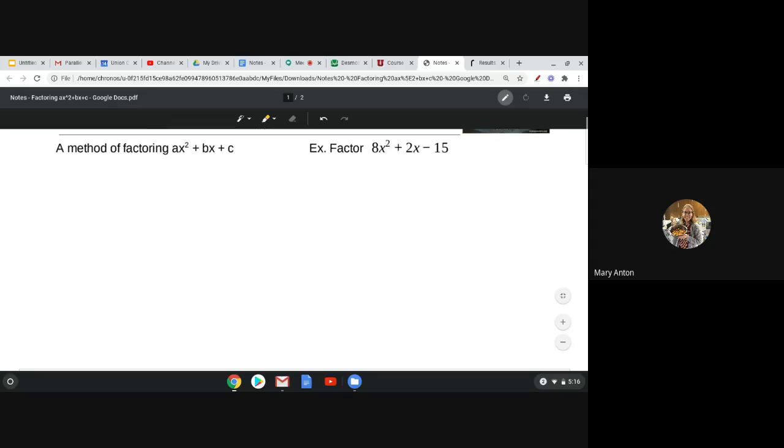So there's a method we can use to complete this. If we have ax squared plus bx plus c, a process you can use to factor this is take a times c.